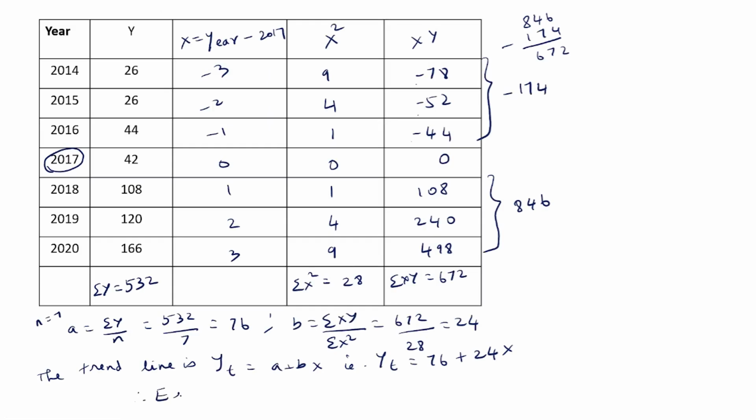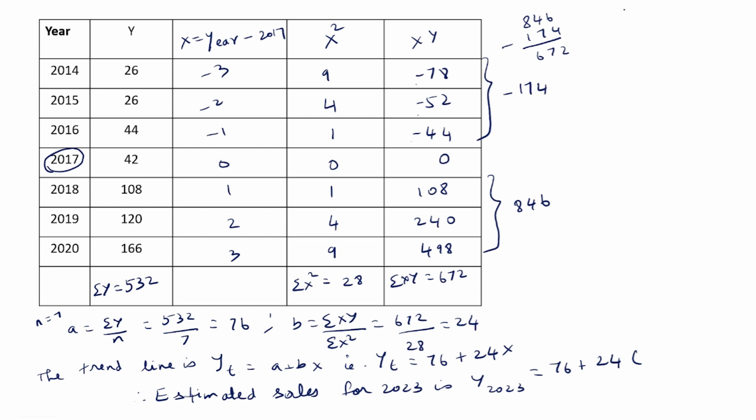Therefore, estimated sales for 2023 is y 2023, it is equal to 76 plus 24 into, here x is year minus 2017.